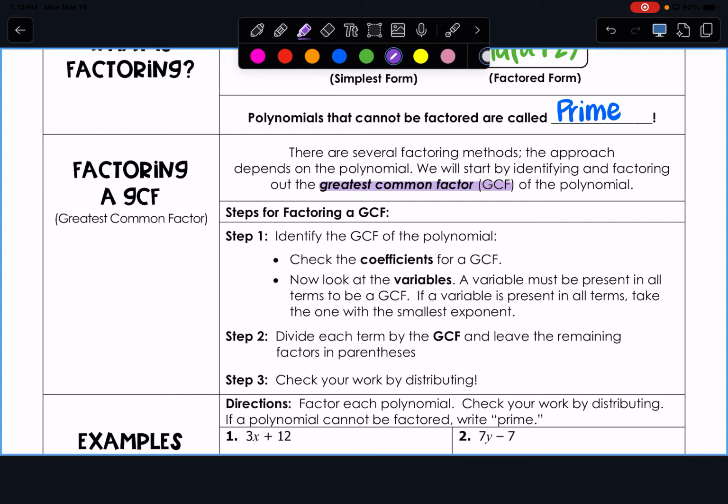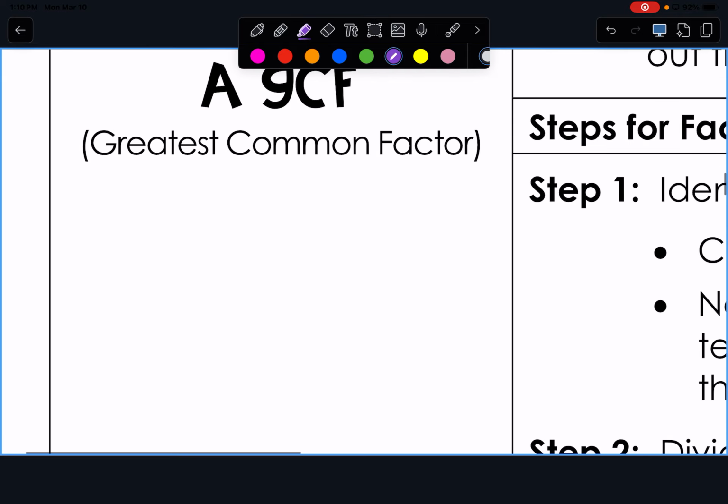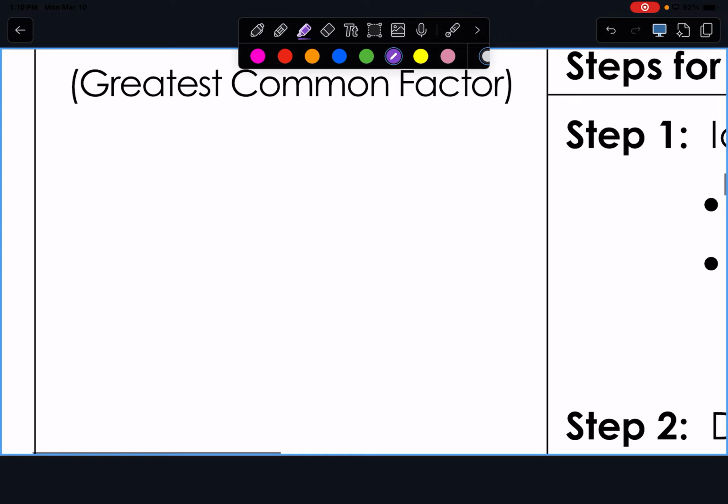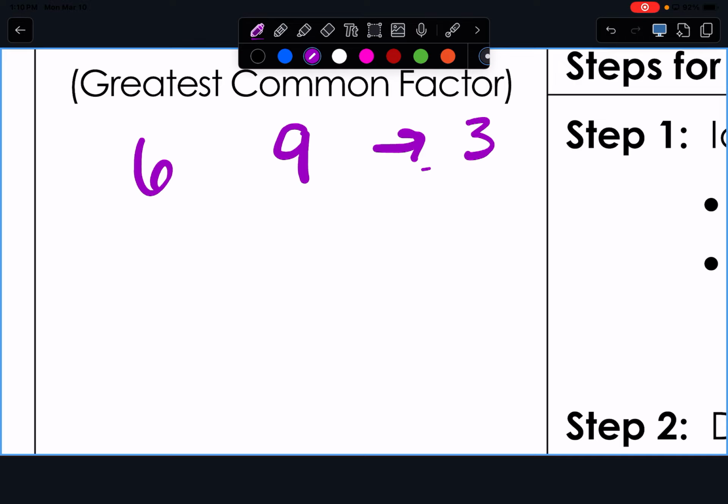But before we do, I just want us to talk about GCF for a second. If I gave you the numbers 6 and 9, what is the GCF of that? 3. If I give you the numbers 16 and 8, what's the GCF? 4. No, 8.